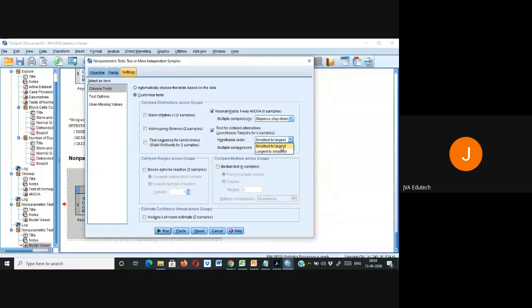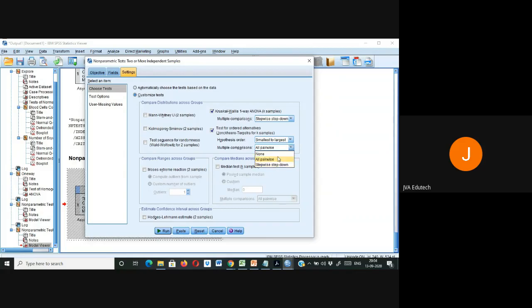Smallest to largest checks the first group with the second, then the third, then third to fourth, and so on. Largest to smallest does the same stepwise method in reverse order. Here it is in chronological order, there it will be in reverse chronological order.